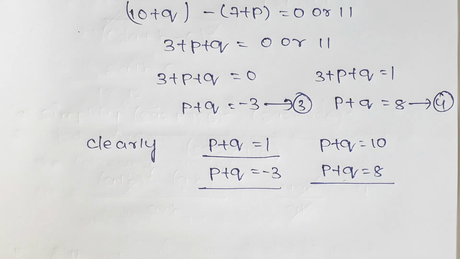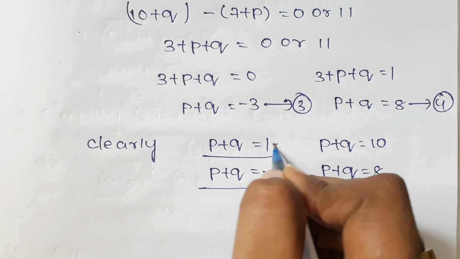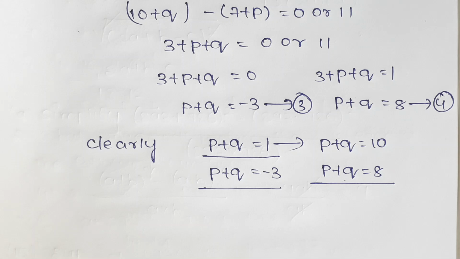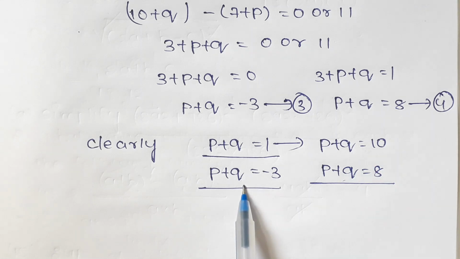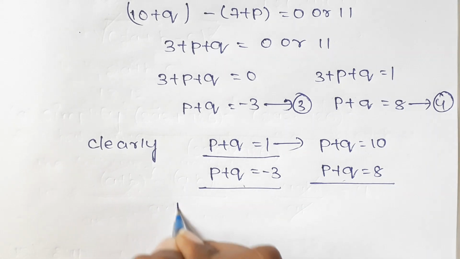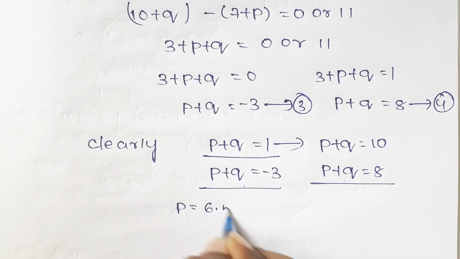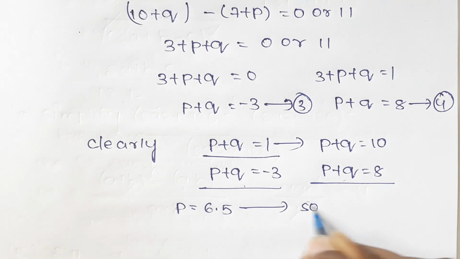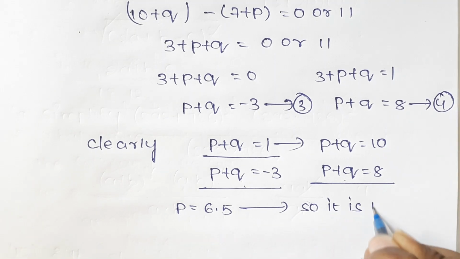So equation 1 will not be possible. And again solving 2 and 3, that is P plus Q equals 10 and P plus Q equals minus 3, we will get P equals 6.5. So it is also not possible.